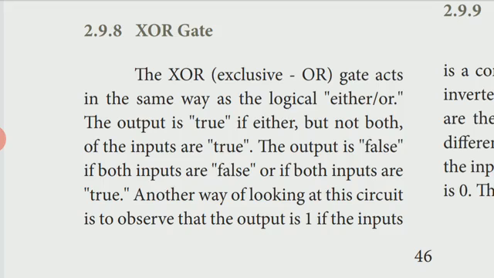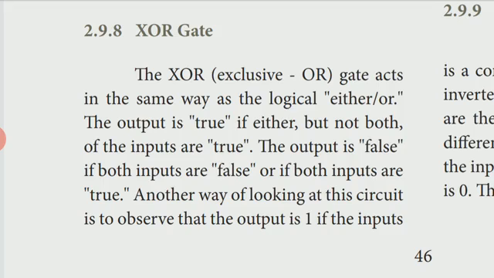Otherwise it is false. That is, if all inputs are false, or all the inputs are true, both times you will get the answer as false. If any one input is true, then you will get the answer as true. This is the short explanation for this XOR gate.